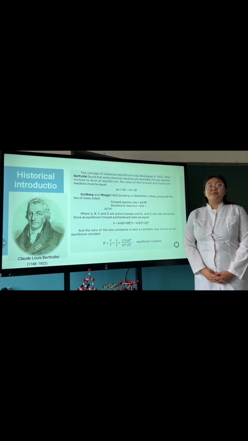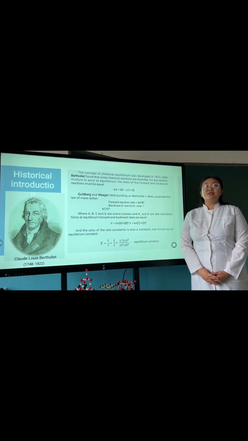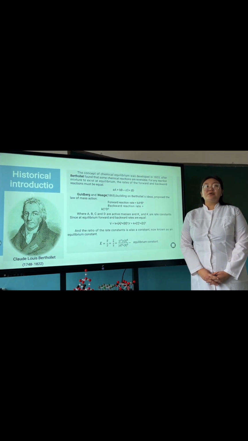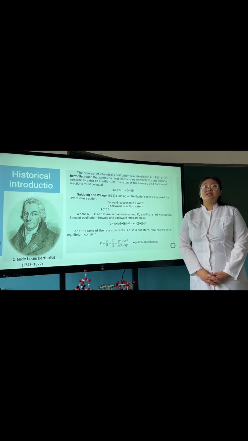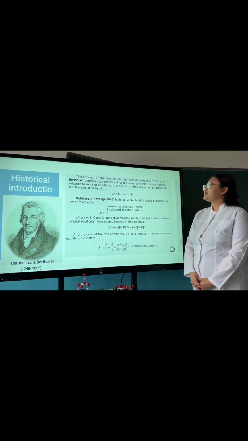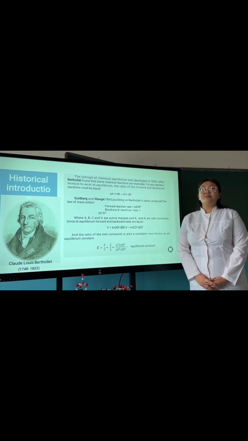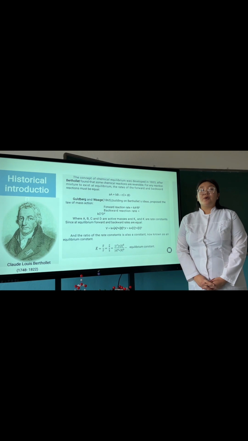Historical introduction. The concept of chemical equilibrium was developed in 1803 after Berthollet found that some chemical reactions are reversible. For any reaction mixture to exist at equilibrium, the rates of the forward and backward reactions must be equal.